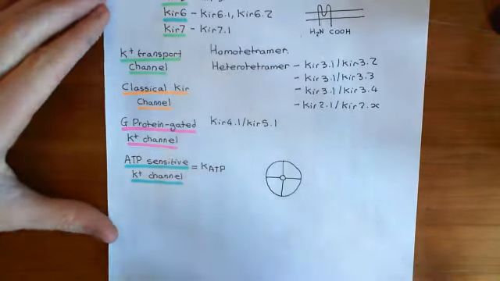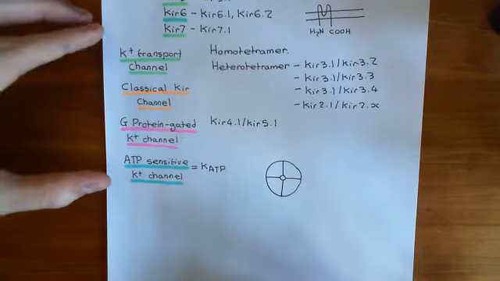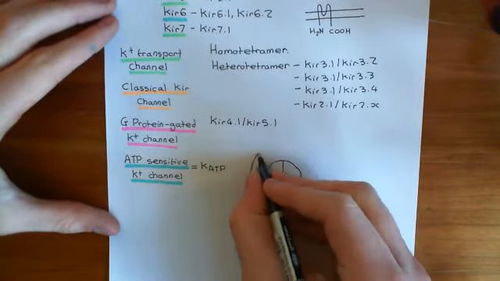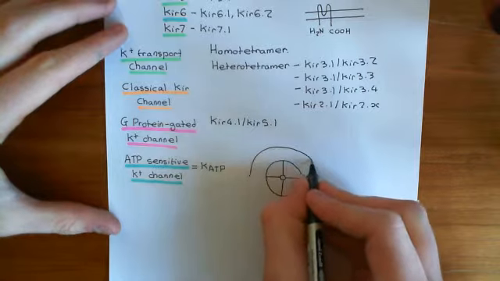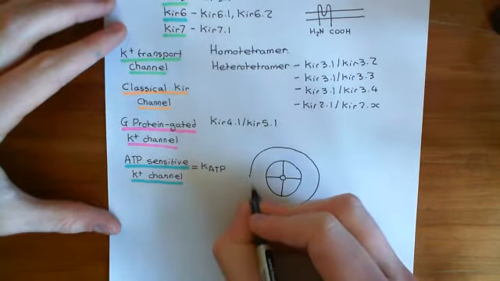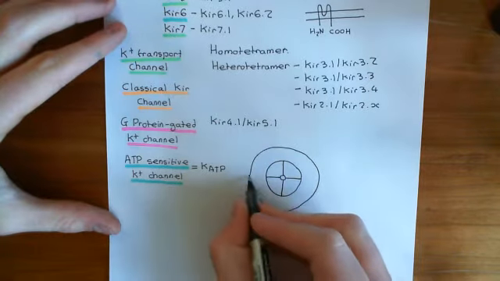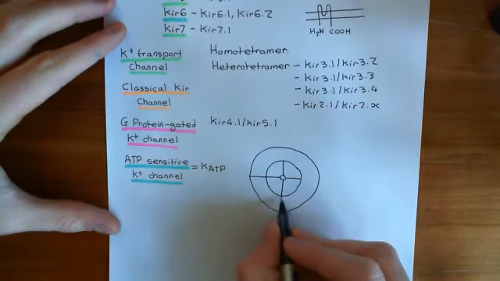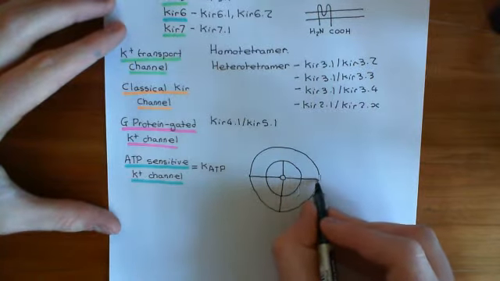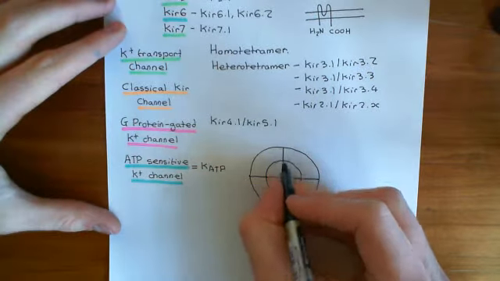Basically ATP-sensitive potassium channels do have this, but then they have other proteins attached around the inward rectifying potassium channel subunits. Let's now discuss these other proteins, and one of these proteins is going to attach to each one of the inward rectifying potassium channel subunits.